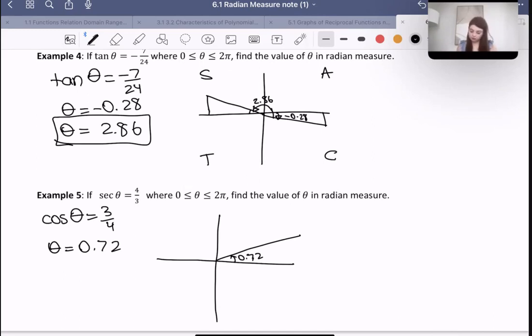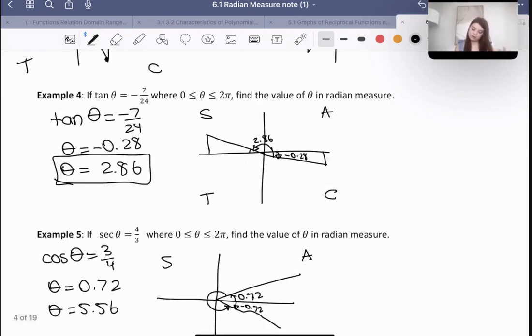So couldn't we also do all the way up to here just minus 0.72 in quadrant 4? And yes, we could. And that would get us to, if you plug 2 pi minus 0.72 into our calculator, 5.56. And yes, that would also be a correct answer as well. So there's actually two correct answers for this one.